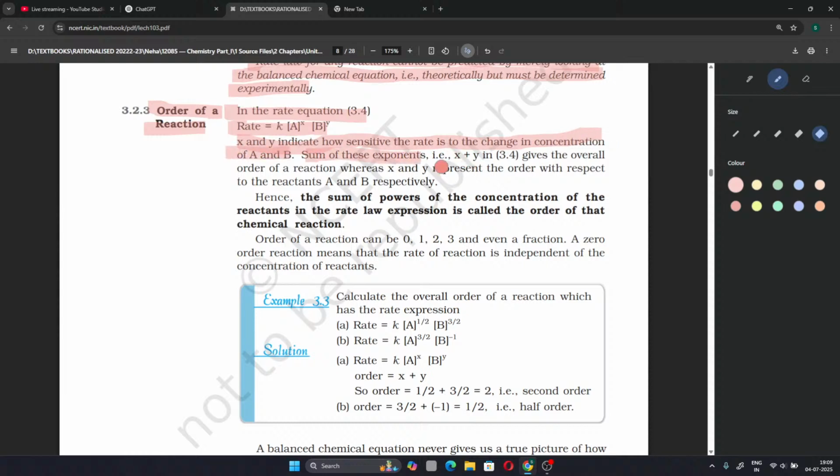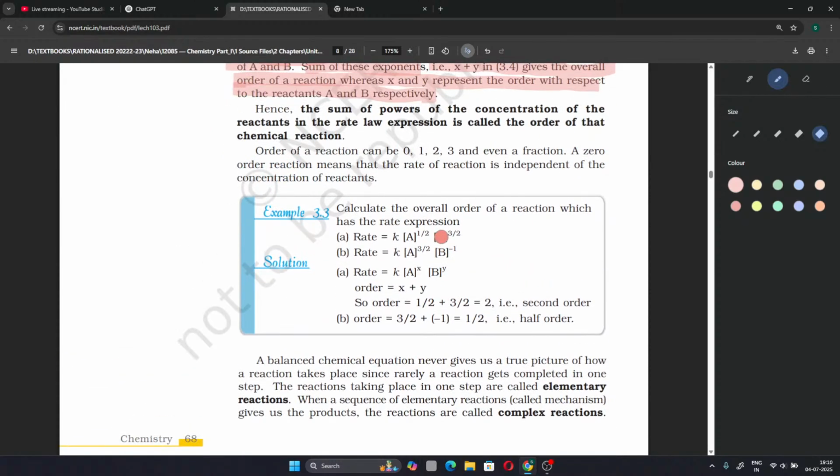The sum of these exponents, that is x plus y, gives the overall order of the reaction, whereas x and y represent the order of the reaction with respect to reactants A and B respectively. x plus y is the total order of the reaction, and x and y individually: x is the order with respect to A and y is the order with respect to B. Hence, the sum of powers of the concentration of the reactants in the rate law expression is called the order of the chemical reaction.